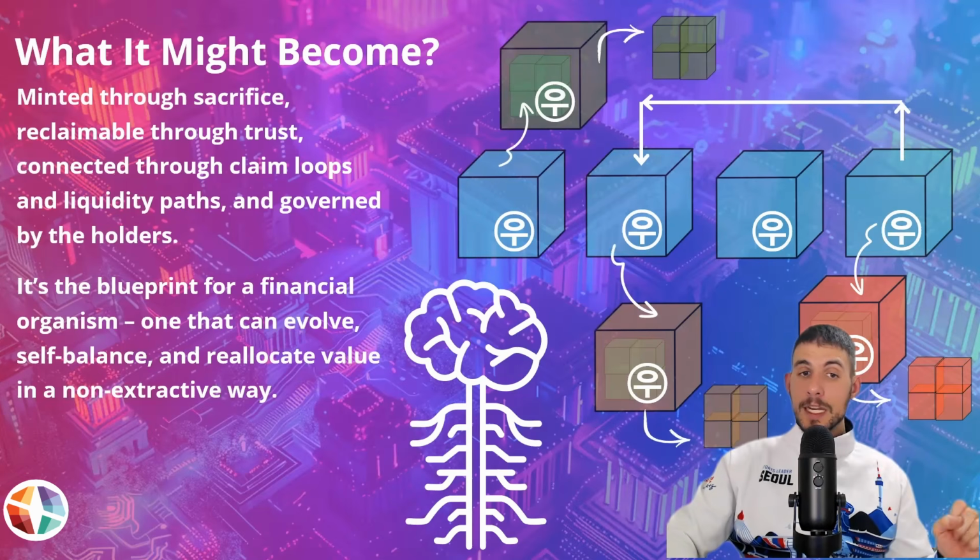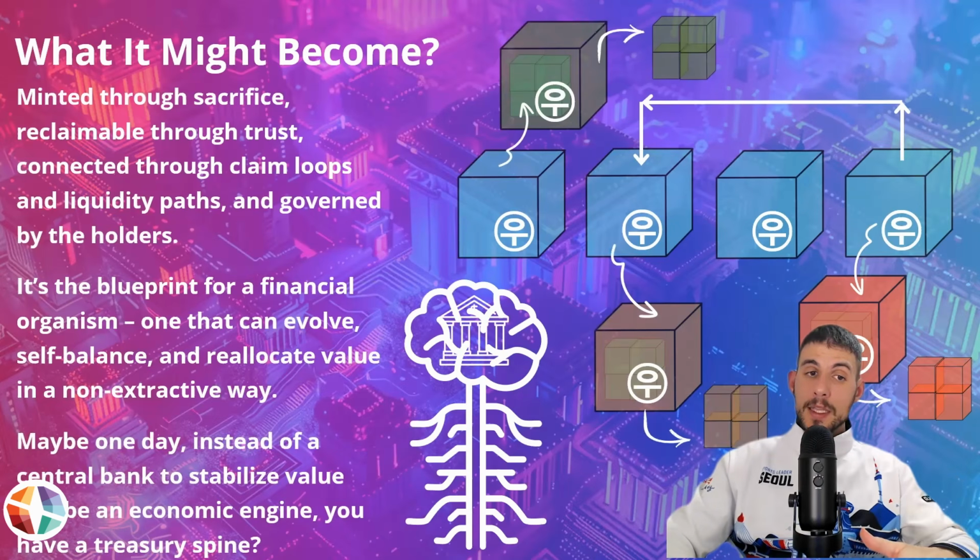You're not extracting anything out, you're claiming it, you're sacrificing it, you're burning it, you're minting it. Maybe one day, instead of a central bank to stabilize value and be an economic engine, you could have a treasury spine, which could be an economic engine room as a living organism for a truly decentralized financial system.